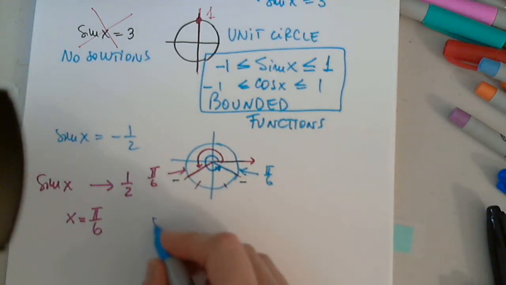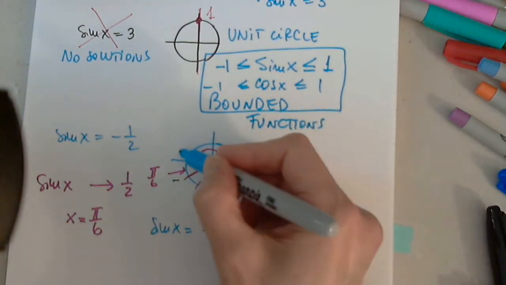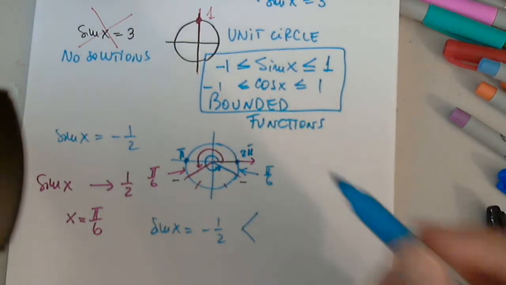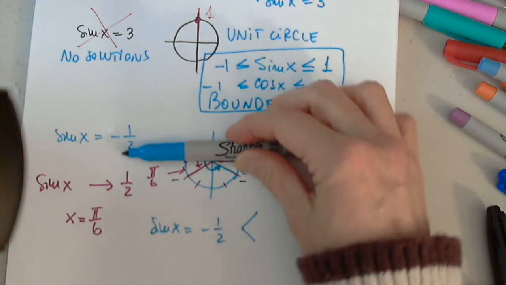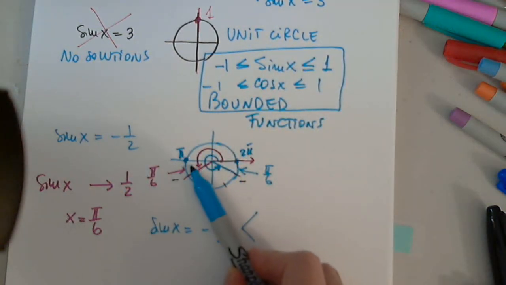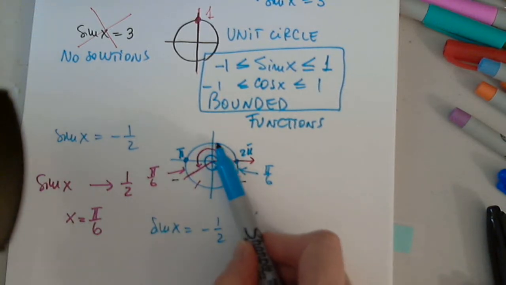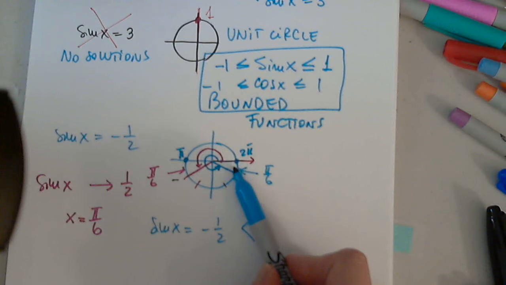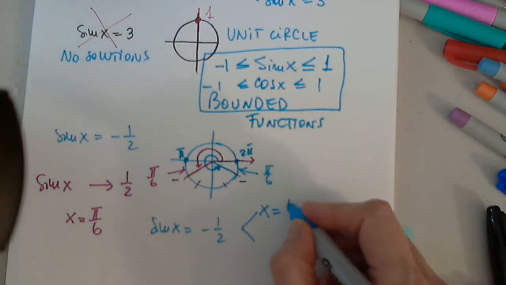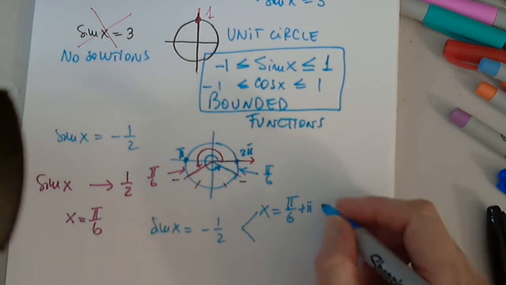So sine x equals negative 1/2 has two options. Remember, this is pi right here, and here is 2 pi. So pi plus pi over 6, and the other one is 2 pi minus pi over 6. So x equals pi plus pi over 6 plus 2 pi k. Sorry about that.